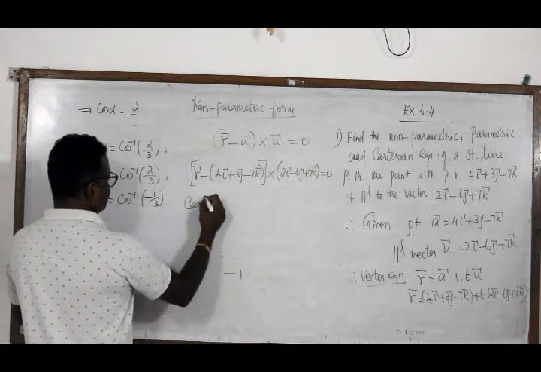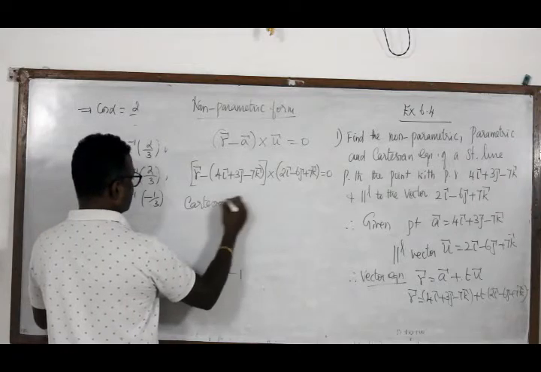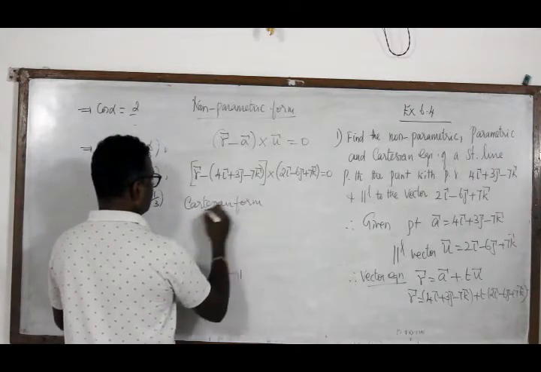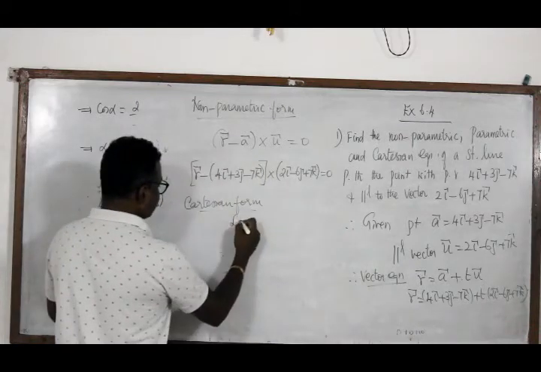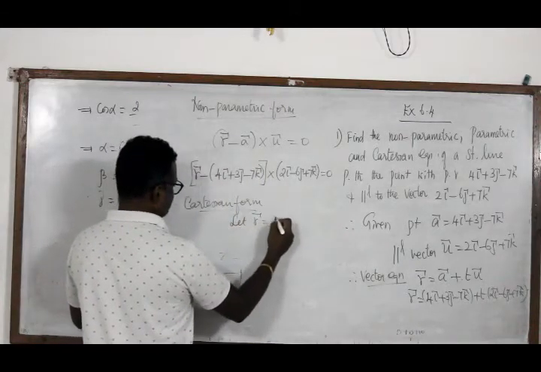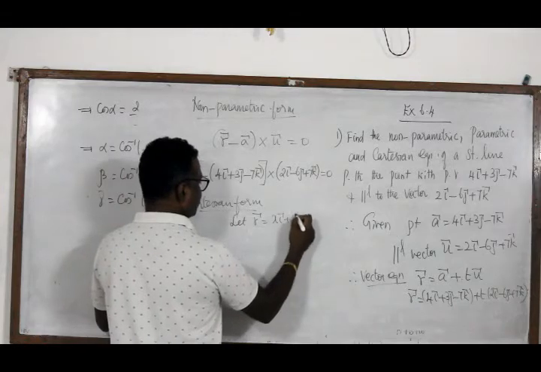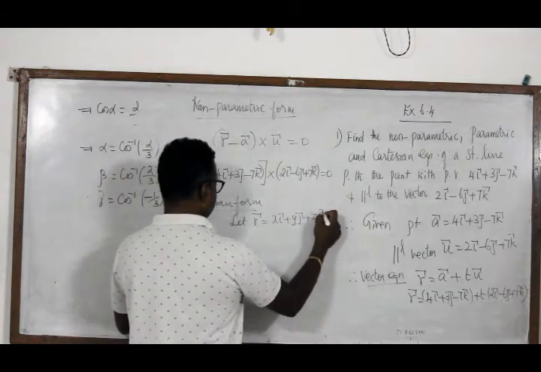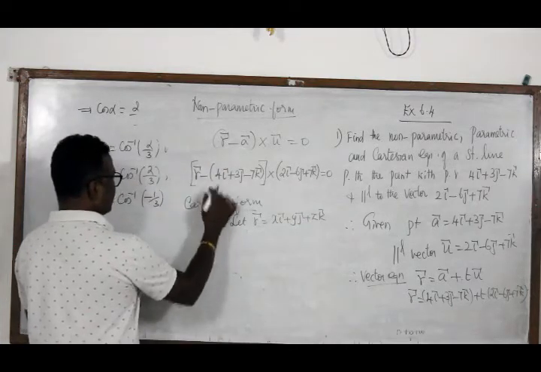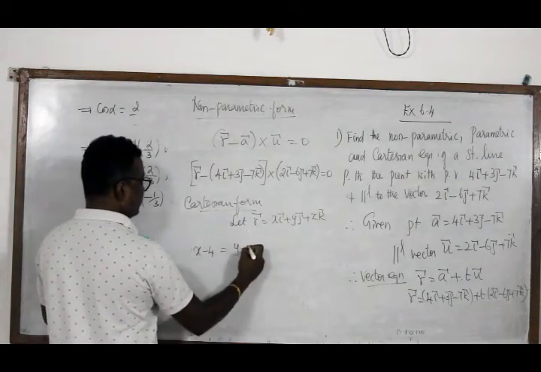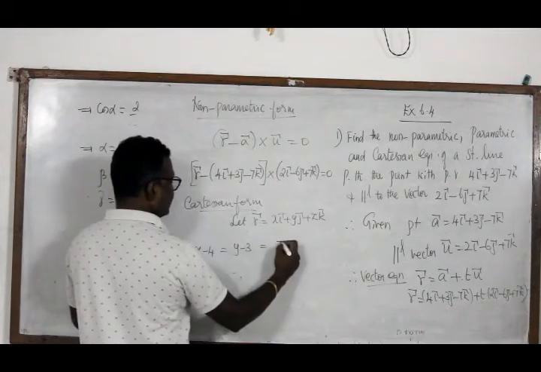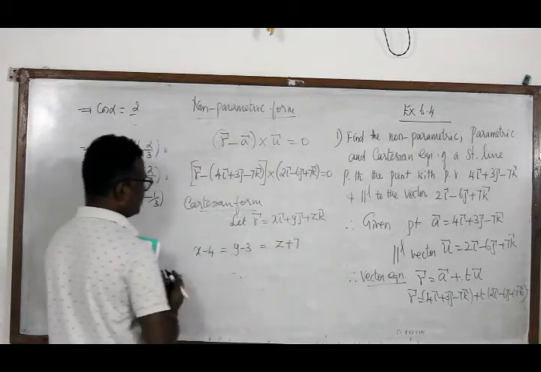Now the Cartesian form. Can we write it straightly? Introduce R. Let R equal xi plus yj plus zk. Then here itself we can write x minus 4 equal to y minus 3 equal to z plus 7, corresponding to x, y, z.